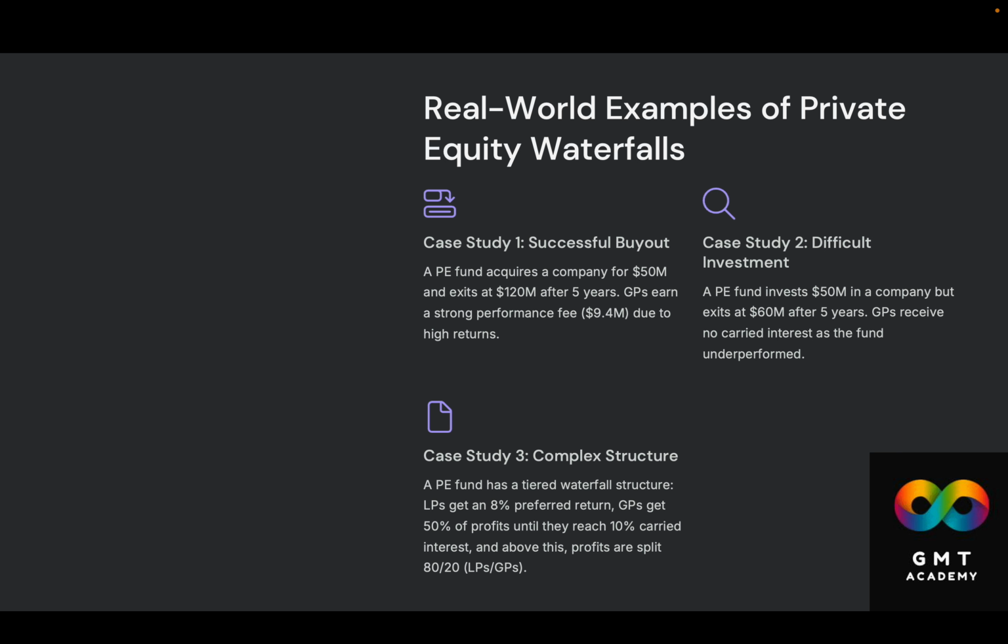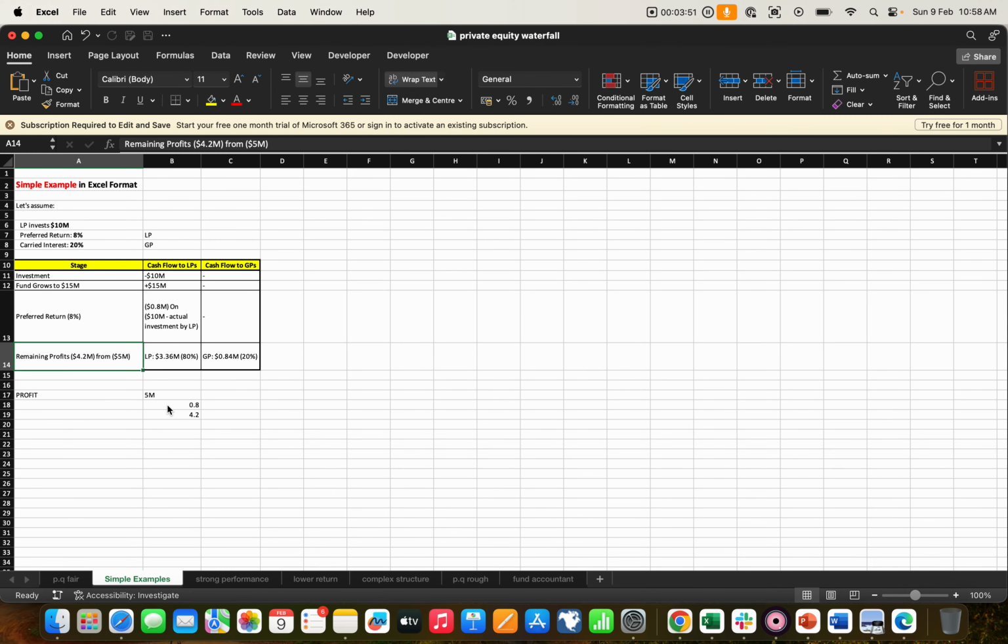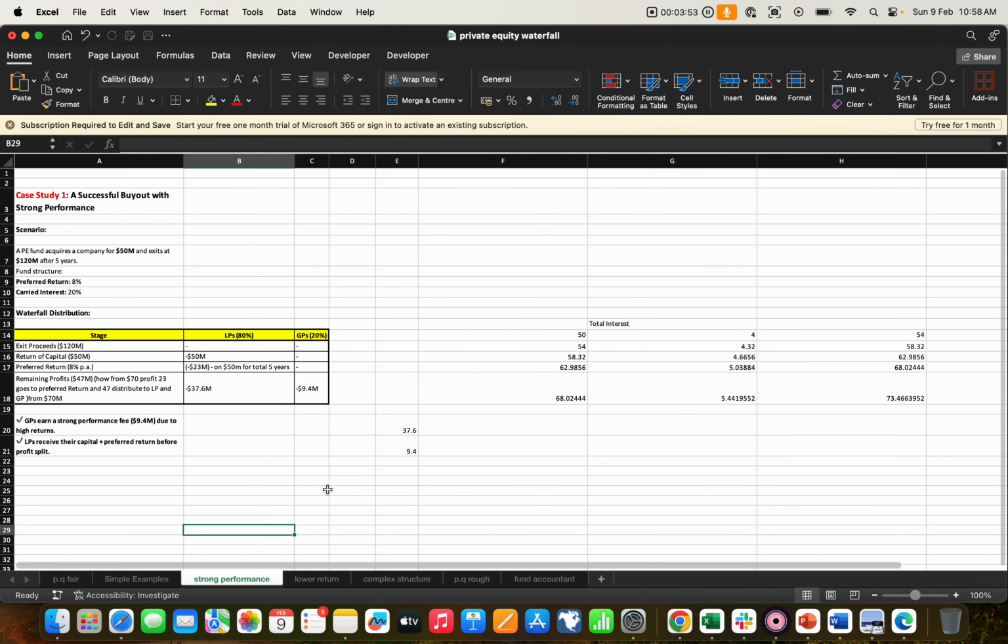The GP earns a strong performance fee of 9.4 million due to the high return. So how does this relate to our example? So we'll move to the example part in the Excel. So strong performance is there. Okay, we already discussed: the scenario is a PE fund acquires a company for 50 million and exits at 120 million after 5 years. So this is all about 5-year terms.